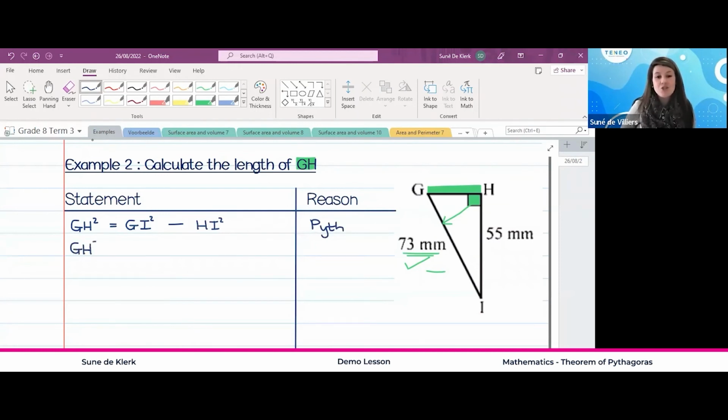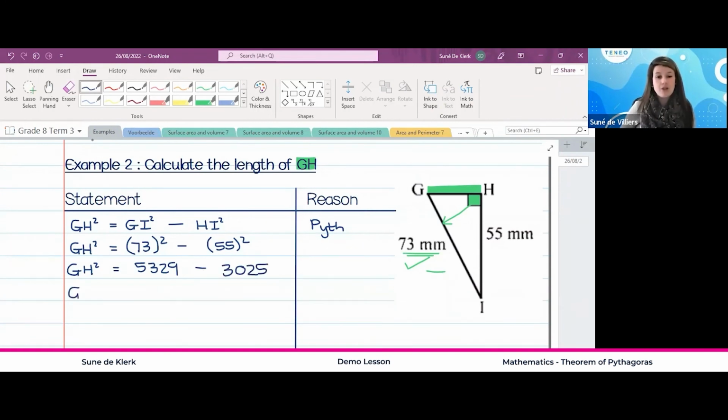So GH squared is equal to the value of GI, which is 73 squared, minus HI, which is 55 squared. So GH squared is equal to 5,329 minus 55 squared, which is 3,025.